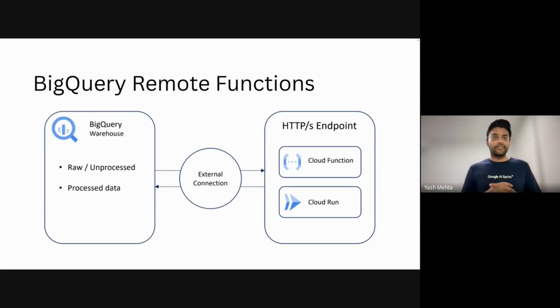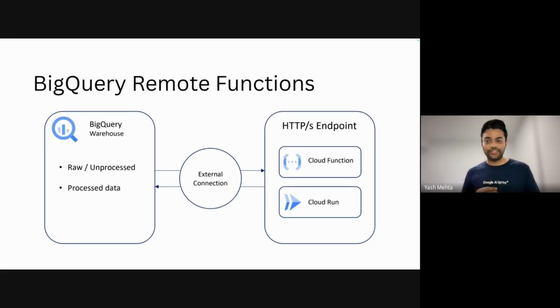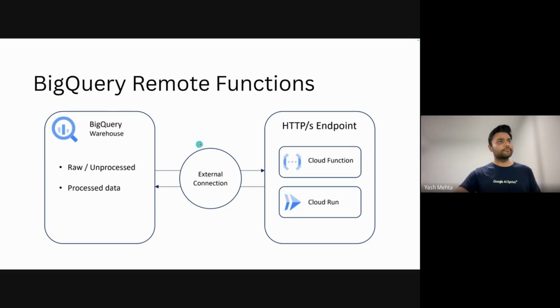But BigQuery can now communicate with serverless compute that can do much more complex processing than what SQL would let you do, but still use SQL to govern or process your data. That sounds interesting, doesn't it?